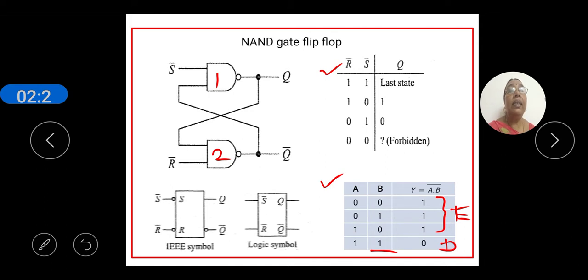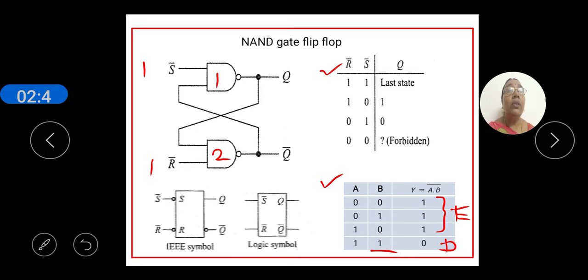The first case is R bar is 1 and S bar is 1. When R bar and S bar are 1, we cannot say which NAND gate is enabled and which NAND gate is disabled. It is decided by the other inputs of the NAND gates.